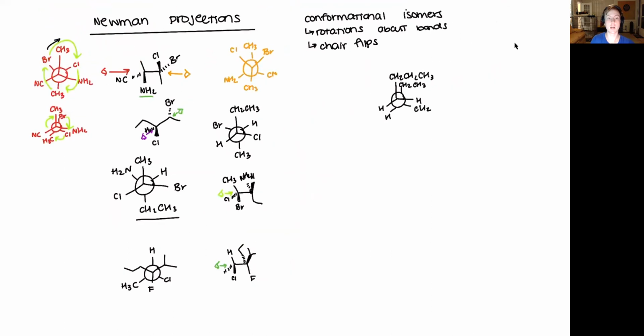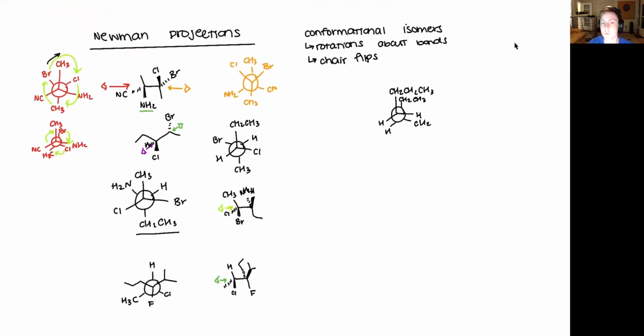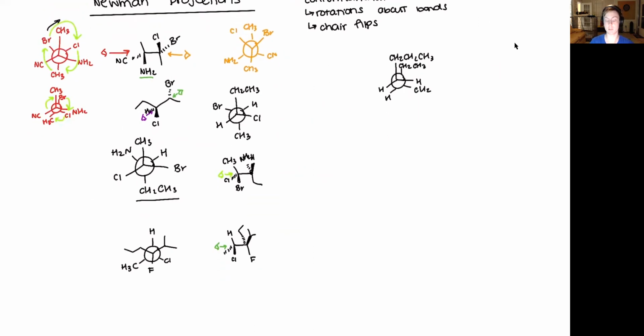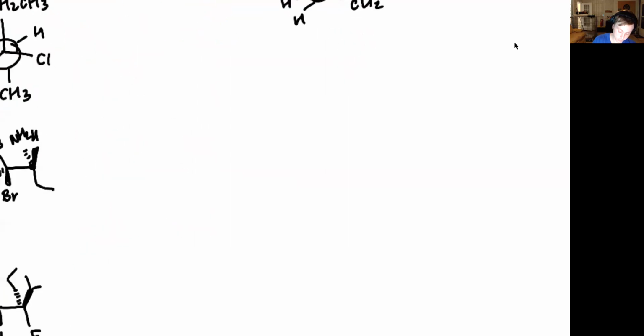So those are the most common questions I've seen. I have seen one I'm not going to work out, I'm going to leave it to you guys, where they almost put two Newmans next to each other, connected like this.